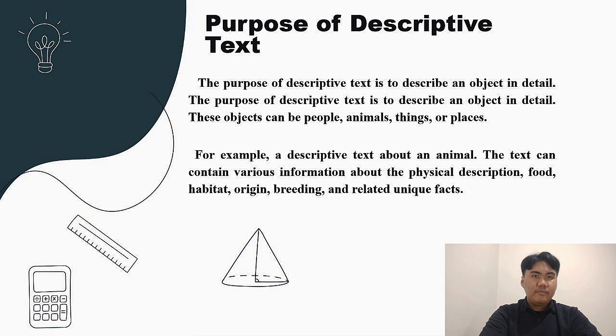Remember, descriptive text only describes one specific object in detail. So, if you want to write a descriptive text, you can explain the characteristics of one of your pet cats, not explain the characteristics of cats in general in the world.